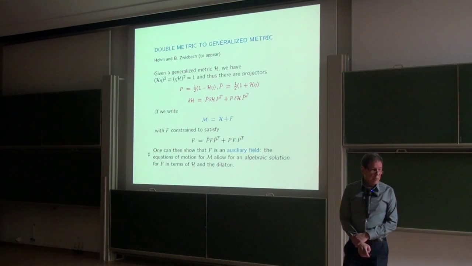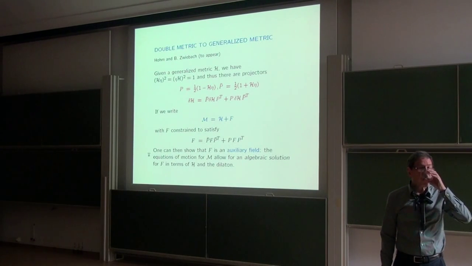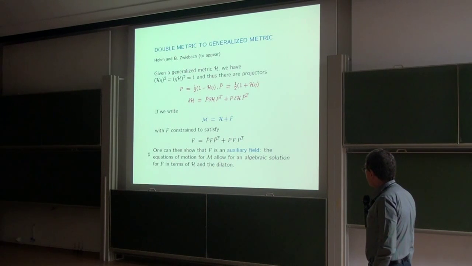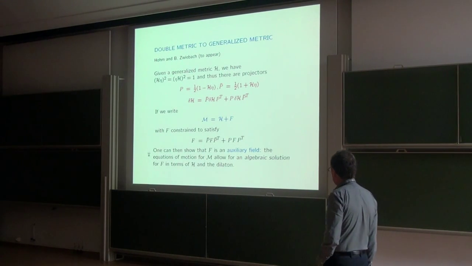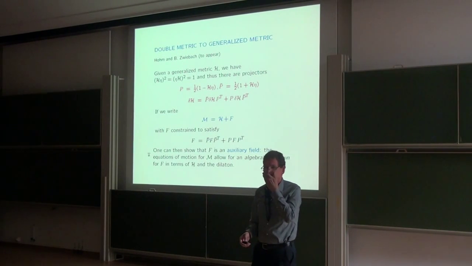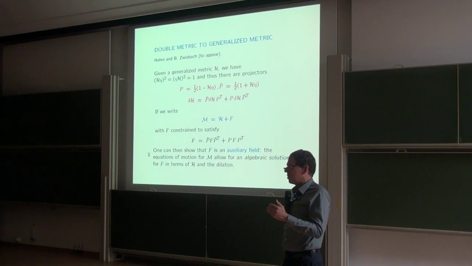So this brings me to the last part of the talk, where we try to understand this whole thing a little better. So what do we have here? We got the theory with alpha prime corrections and with duality invariance.